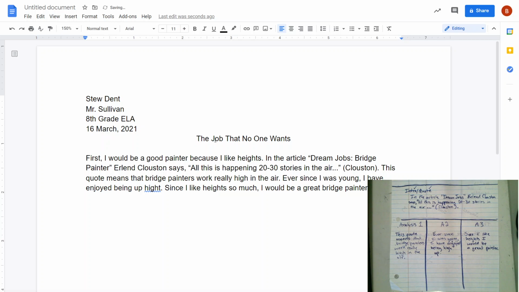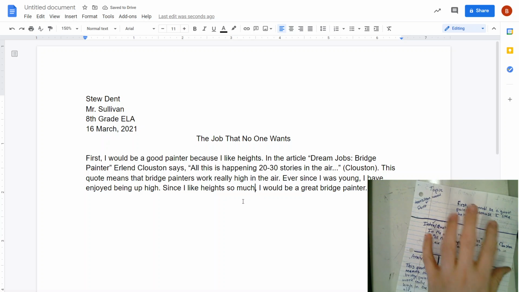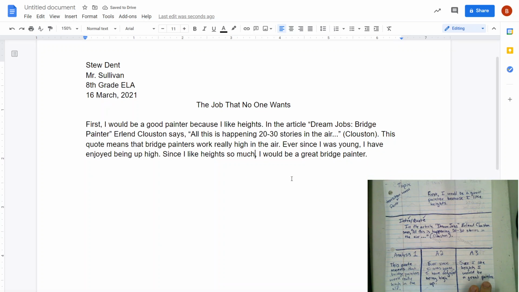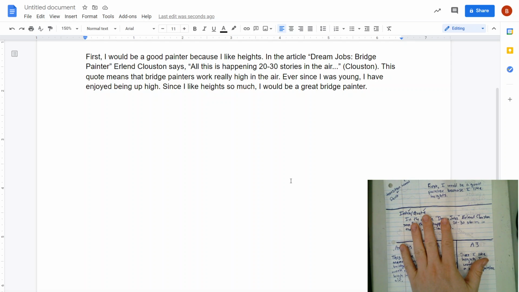Okay, and that is everything that I wrote exactly as I wrote it on my organizer. Now I would do that same process for all three of these.